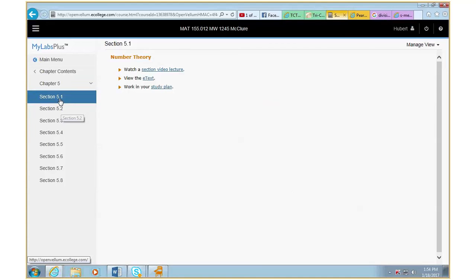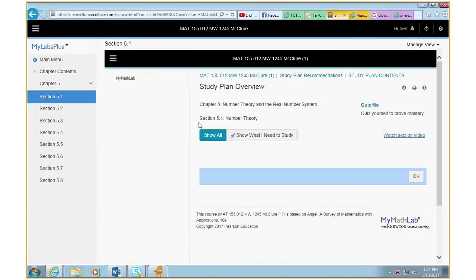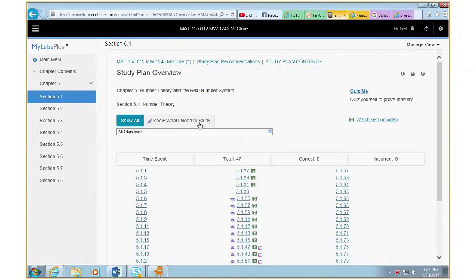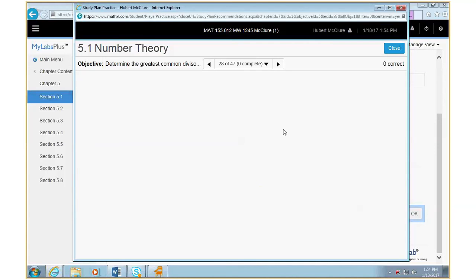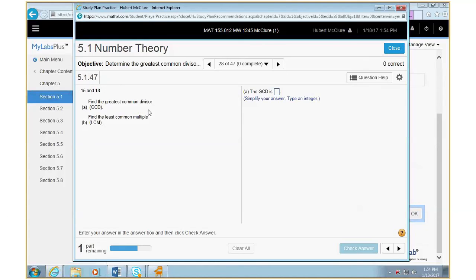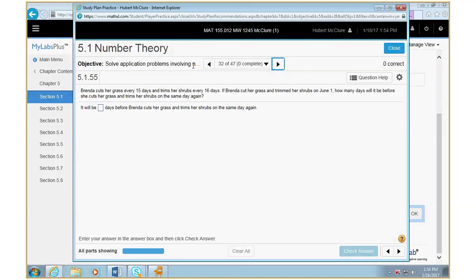And I would highly suggest that you do the study plan after you do the homework because you need extra practice, especially with this section. Okay? Let's see if they throw a 3 number out there. 15, 18, 50 and 60, 72. There we go. There's one.